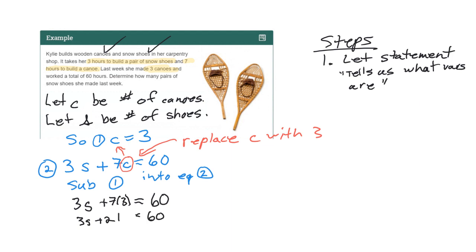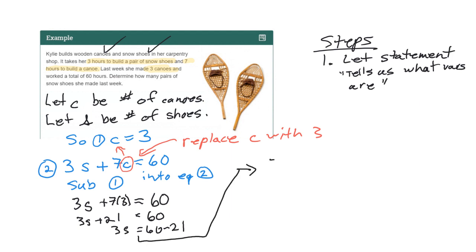And now we go and move all our numbers to one side and our letters to one side, and then we're good to go. So let's go and do that right now. So we have 60 minus 21 is 3S. Solve for S.